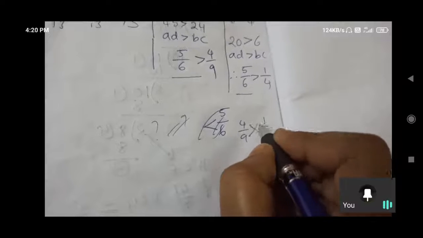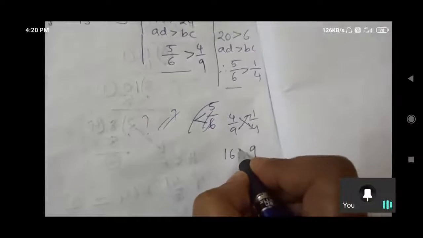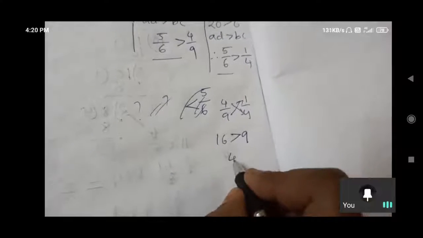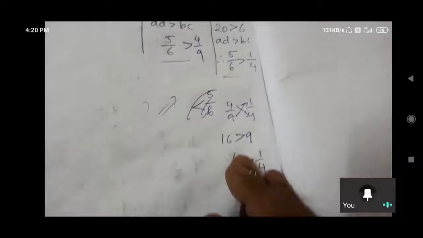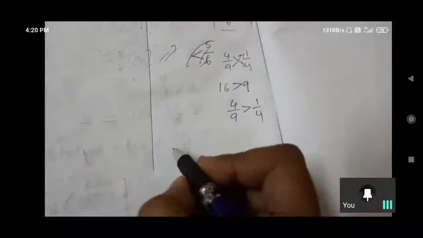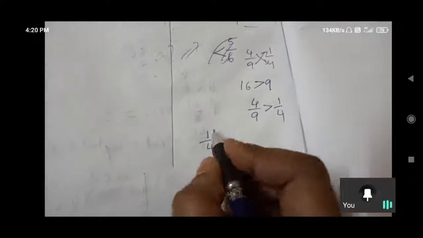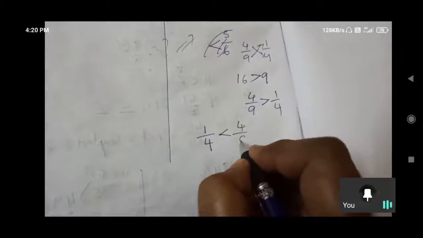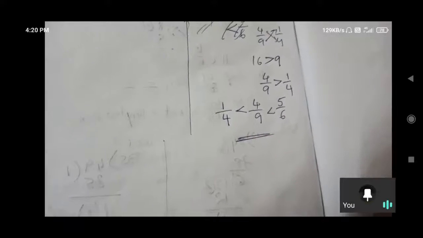Just do the cross multiplication. 9 ones are 9, and 16 is bigger. So 4 by 9 is greater than 1 by 4. So therefore the ascending order is 1 by 4 less than 4 by 9 less than 5 by 6. Okay? So like that we can conclude.